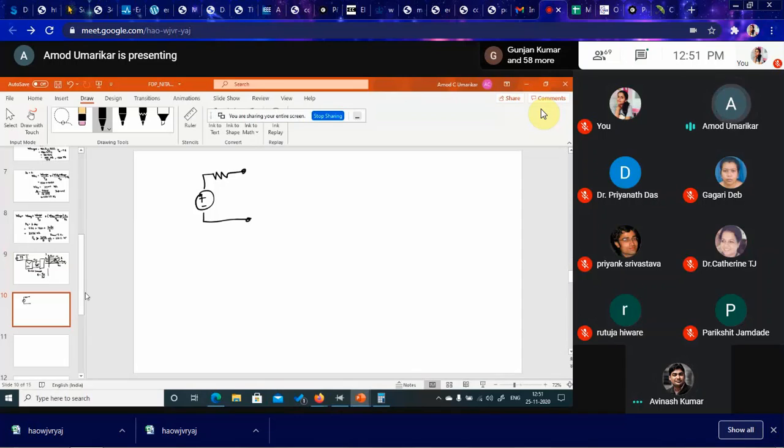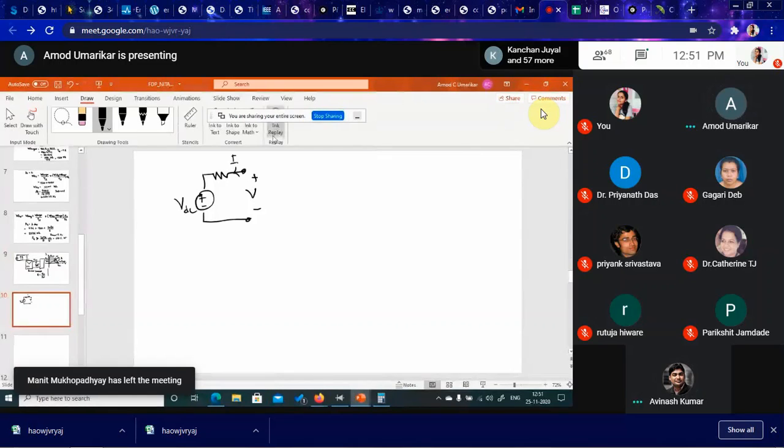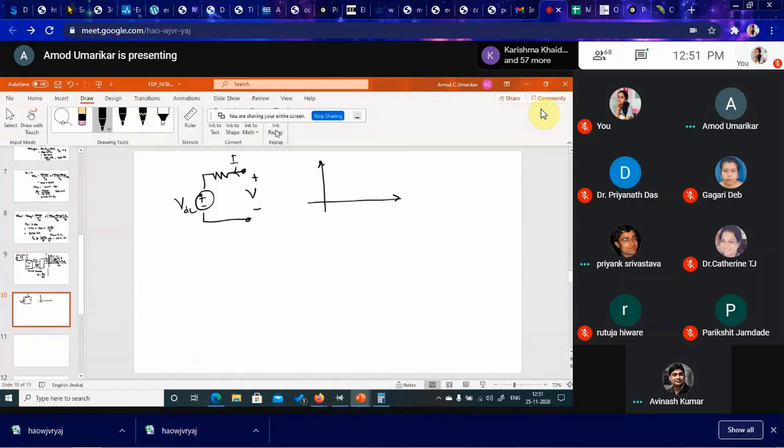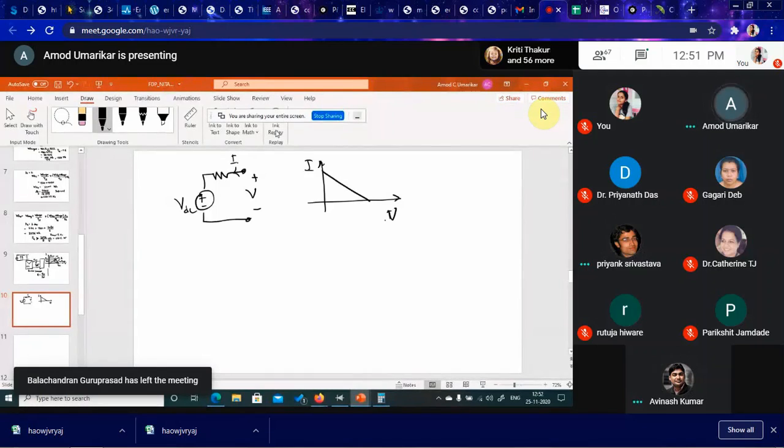Because what is the characteristic of this source? Let's say you want to check the VI characteristic of this. What is the characteristic? The characteristic is like this, correct?